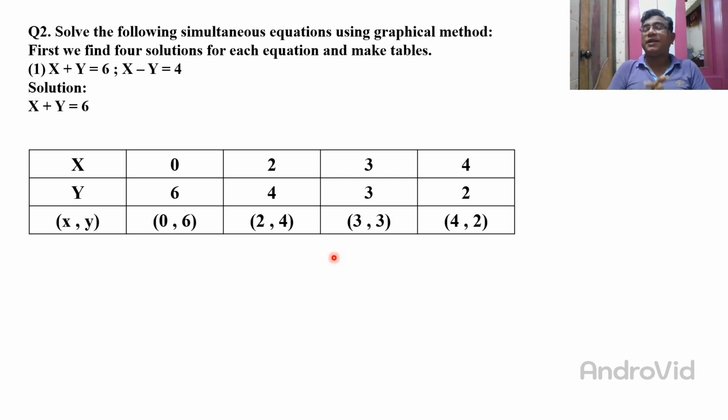The reason is that when we plot a graph, 1 or 2 points may be away from the line, so we cannot plot the line. So there is a problem in plotting the line. For that purpose, when you take 4 points, I hope that out of 4 points you get 2 points on a line and you can get the graph very easily. So when you want to draw the graph, we take 4 columns here.